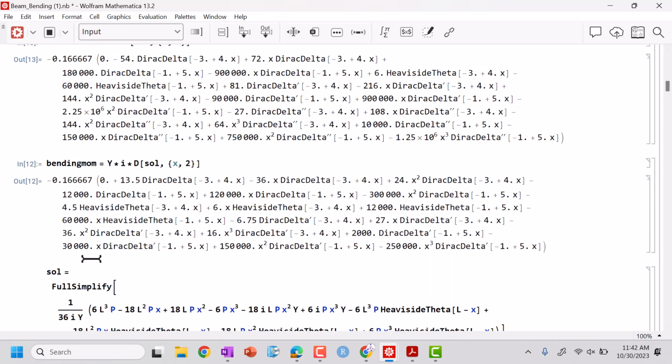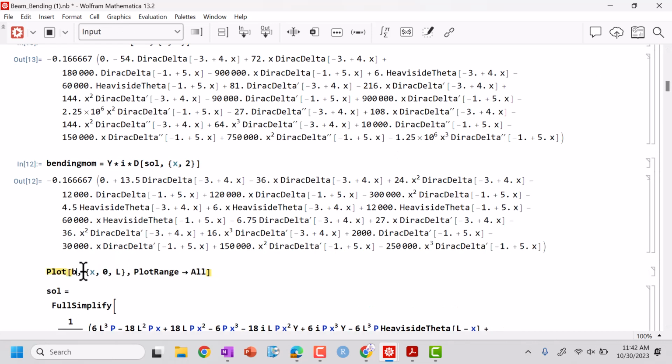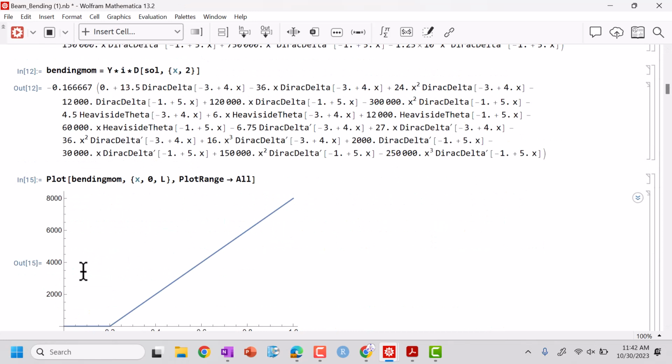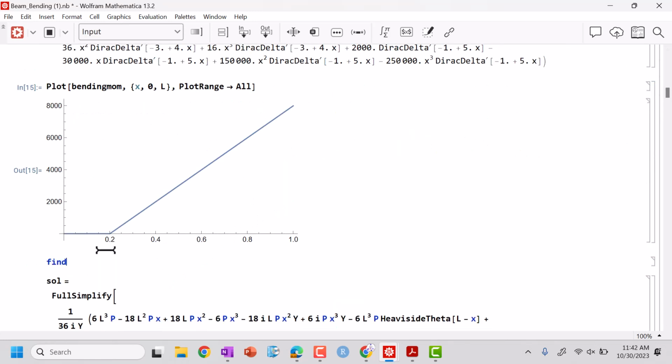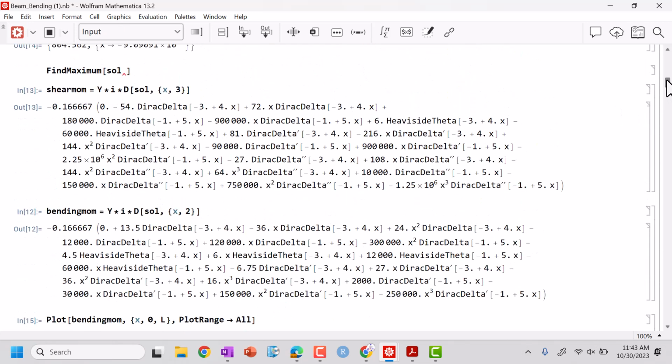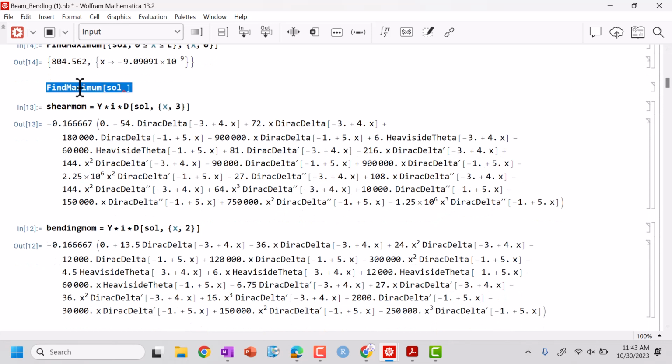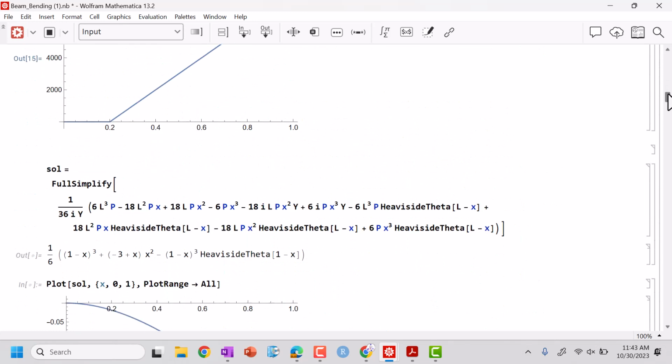Let's plot this bending moment, and I'm going to find the maximum. I'm going to grab this there. Let's see, FindMaximum, actually over here, grab that. I'm going to find the maximum of our bending moment.